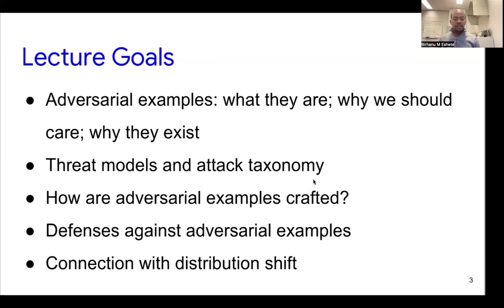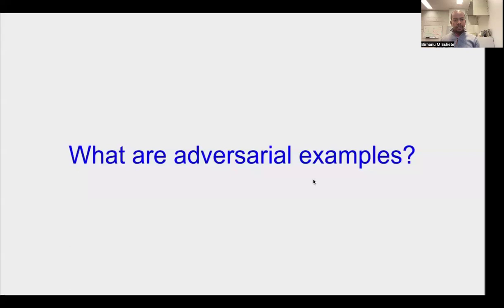And at the end, we're going to step back and try to connect the phenomena of adversarial examples with this general notion of data distribution shift. Okay, so that's going to be our plan. All right, so starting with what adversarial examples are.